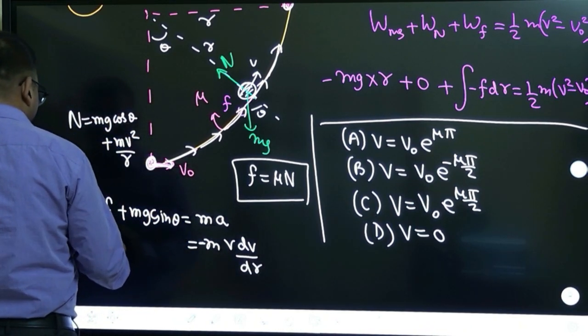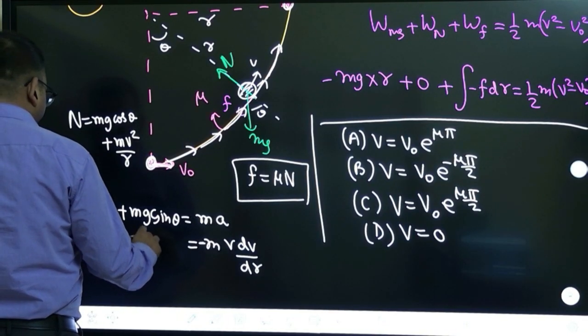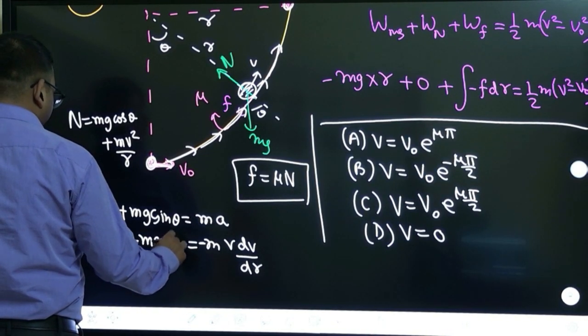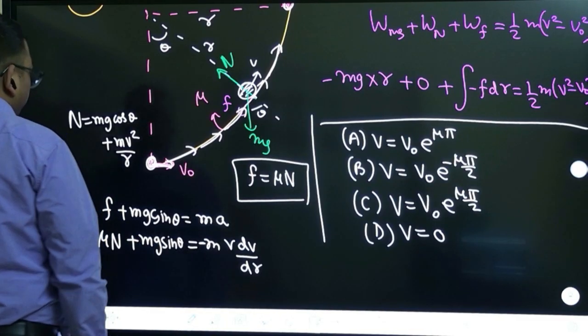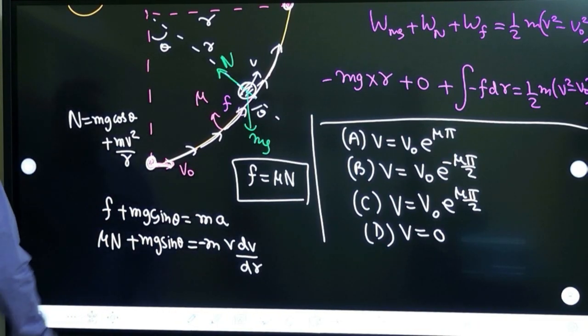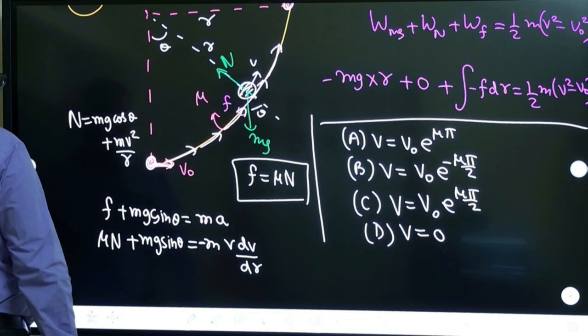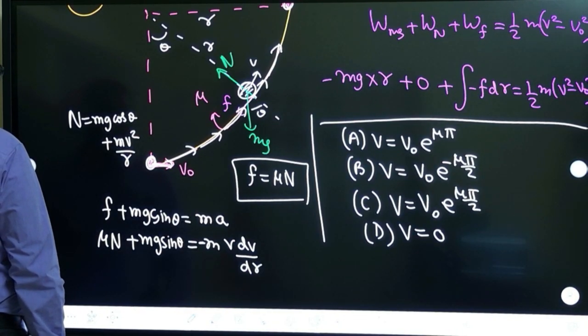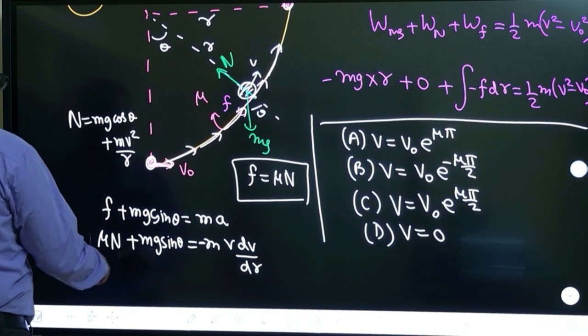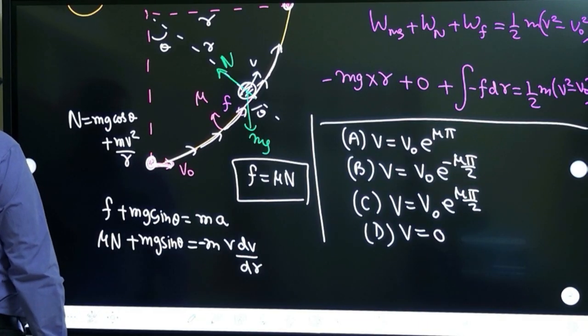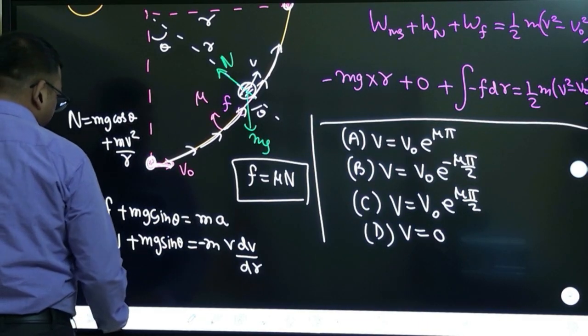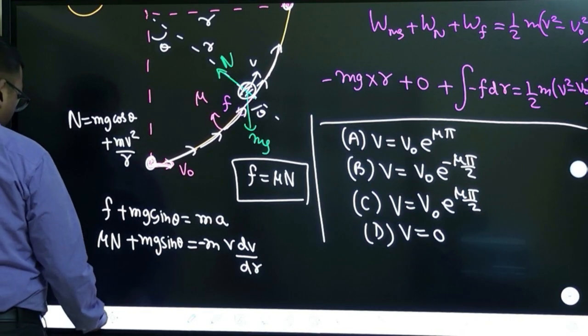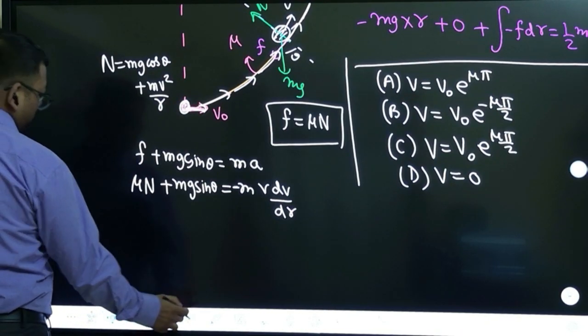So friction is mu times normal plus mg sine theta. That can also be written like this, but from here, can we substitute normal here? Try to substitute normal here and check, will it help you to solve that?